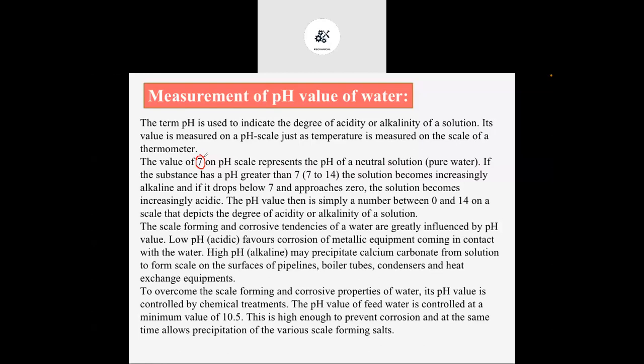Pure water, with the chemical formula H2O, doesn't contain any dissolved salt or dissolved gas, and its pH value is 7. We consider it neutral because it doesn't react with other materials under normal conditions.